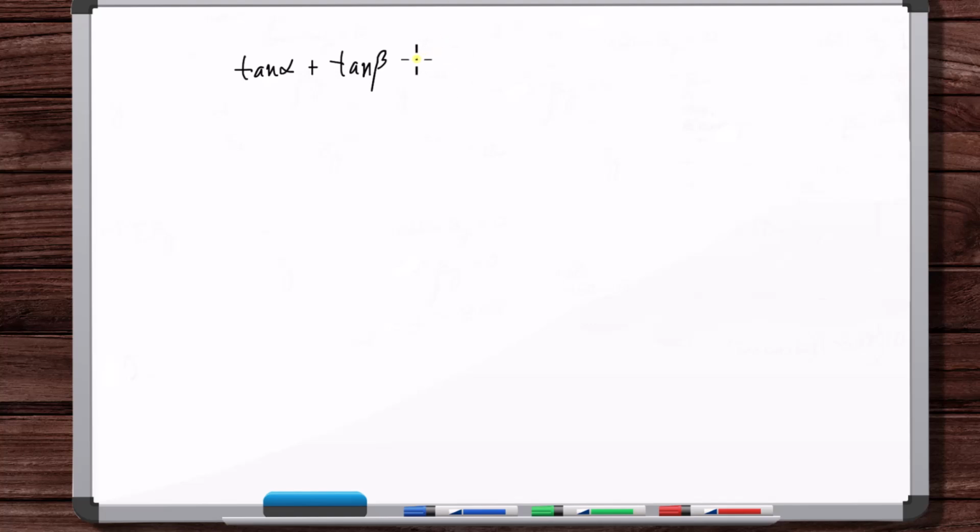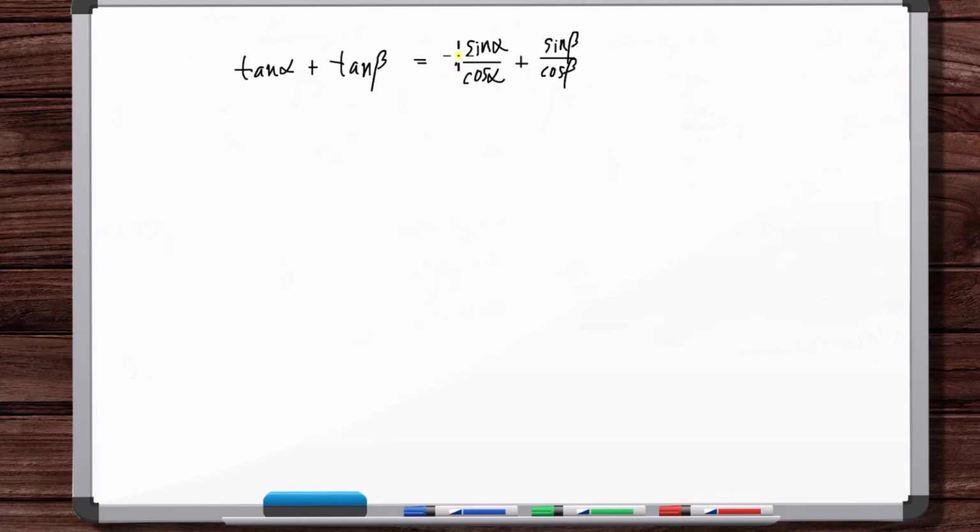All right, so we can start by writing this as sine of alpha over cosine of alpha plus sine of beta over cosine of beta.